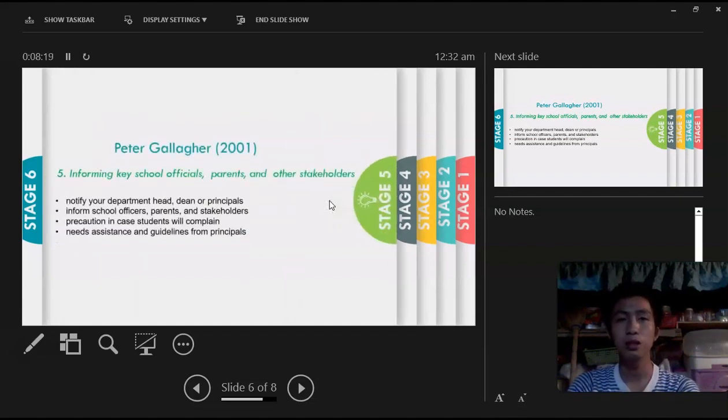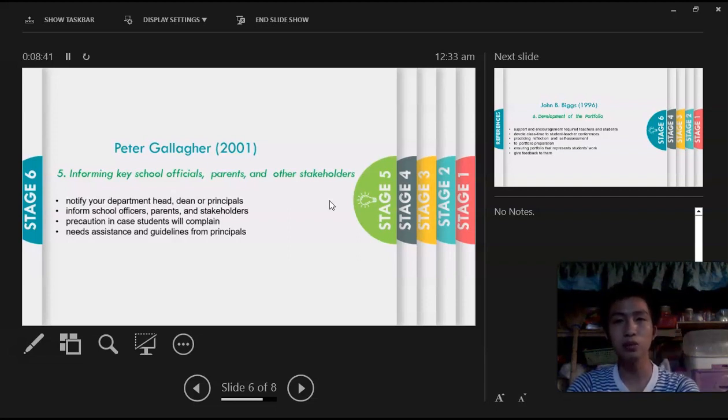The fifth one, according to Peter Gallagher, 2001, is informing key school officials, parents, and other stakeholders. He stated that you should notify your department head, dean, or principal.